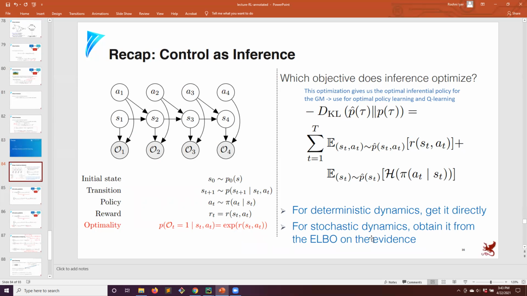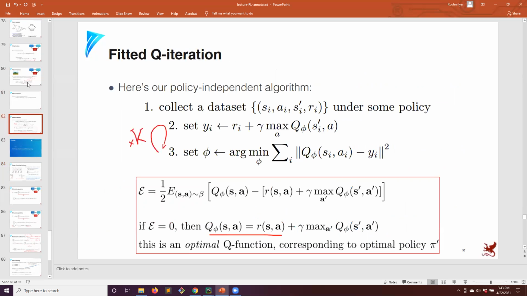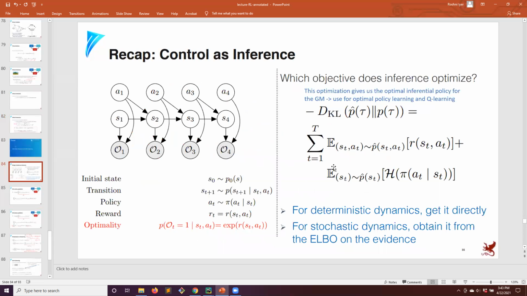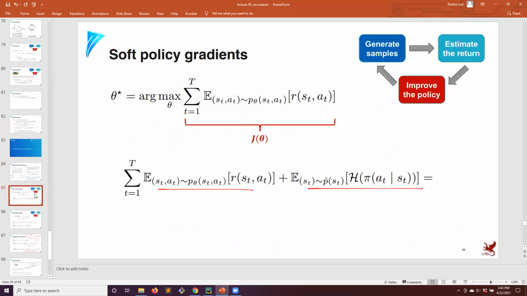We had this objective function, and now you could ask, what if instead of using these other objective functions, we just use this one? Can we still find the optimal? Can we still use this objective function for finding the optimal policy for policy learning and Q learning? And the answer is actually yes. We will look at that case right now.